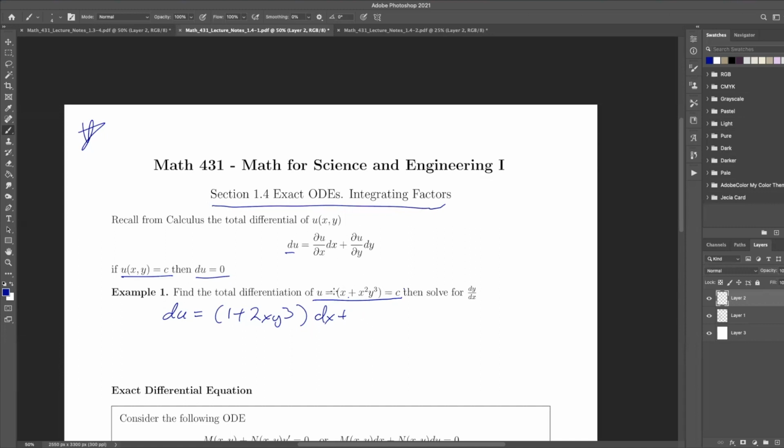If I did that partial differentiation, this is 0. This is 3x squared y squared dy. And then I'm going to solve this for dy/dx.